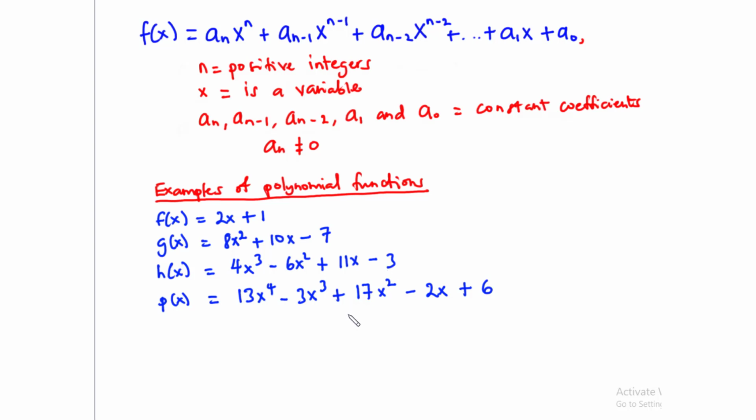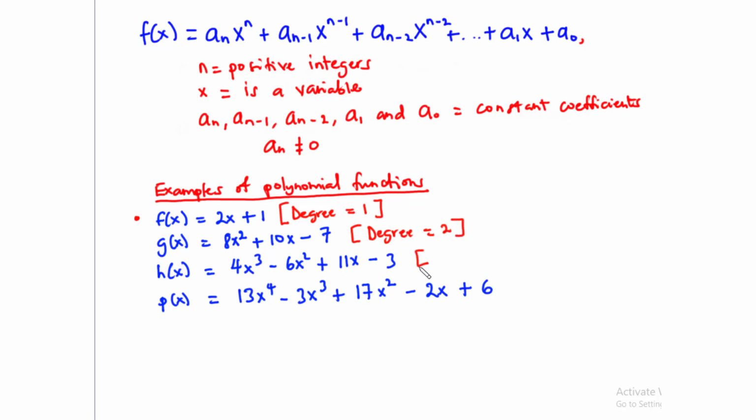The degree of a polynomial is the highest power of x in the function. So for instance, for f of x, the degree of the polynomial is 1 because the highest power of x in f of x is 1. Now for g of x, the highest degree of x is 2, so the degree of the polynomial g of x is 2.